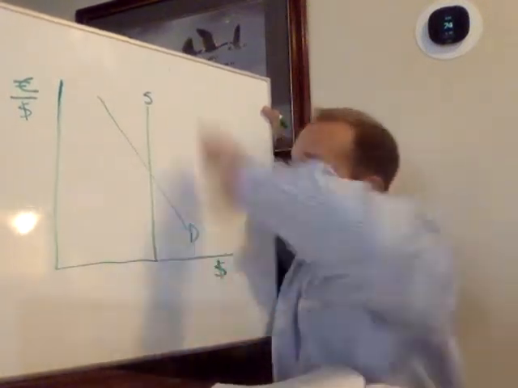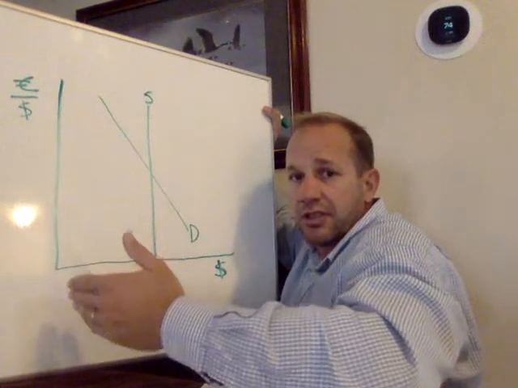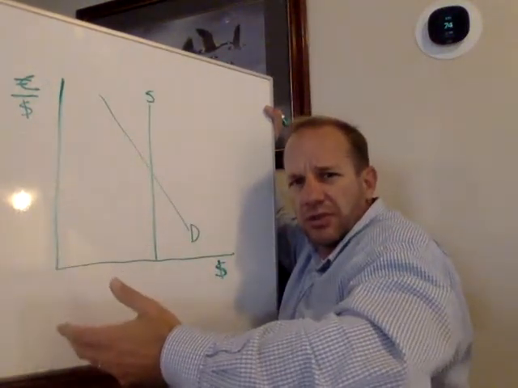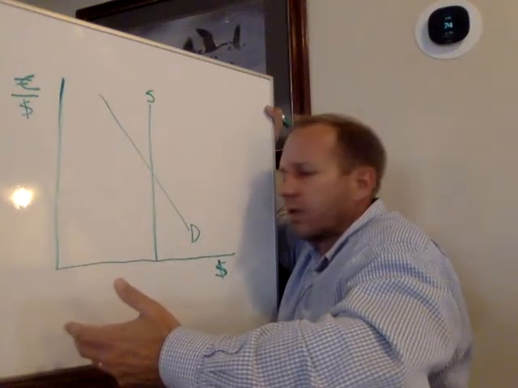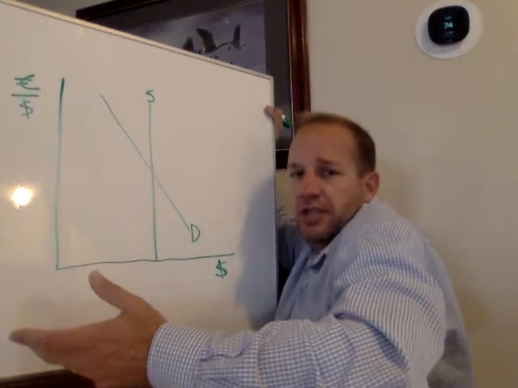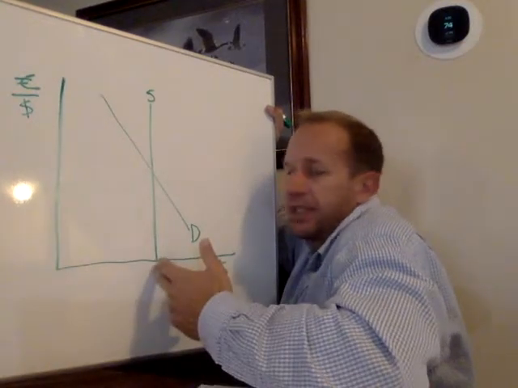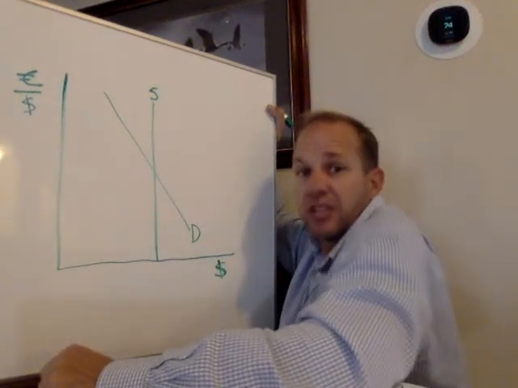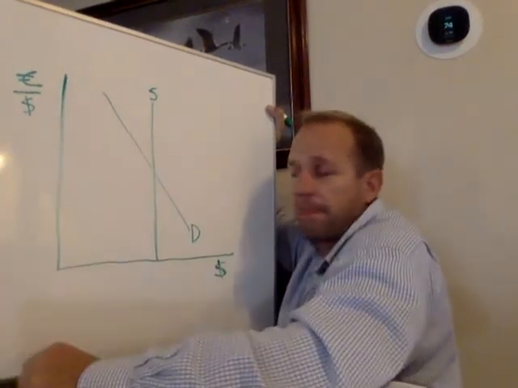It just is outside of this. Something else might shift it, but this doesn't cause any change in this. So a vertical curve is really expressing that for us. Another way to express it in economic terms is that this is perfectly inelastic, meaning it's not responsive to whatever this is over here. It's not going to change because of what this does.